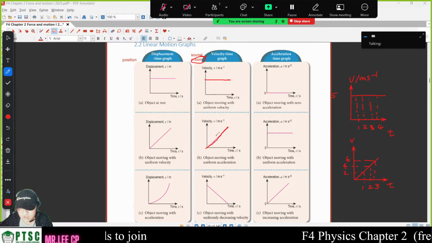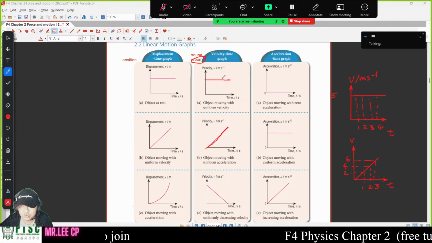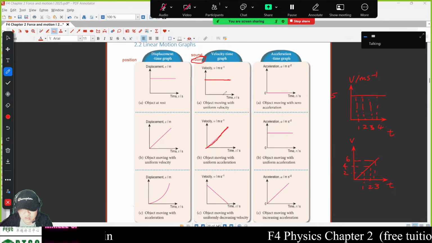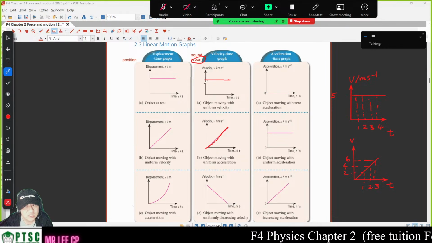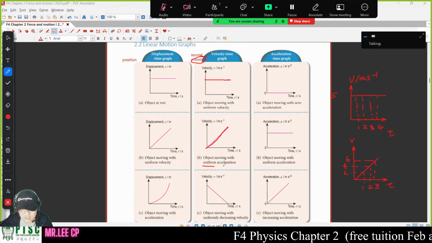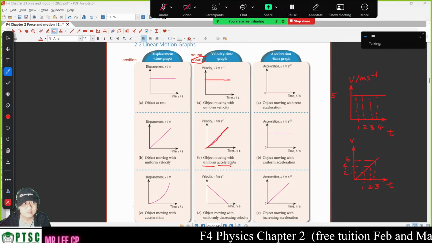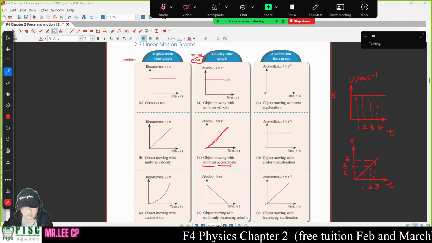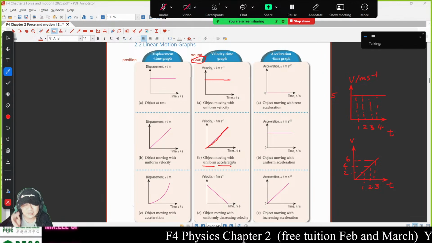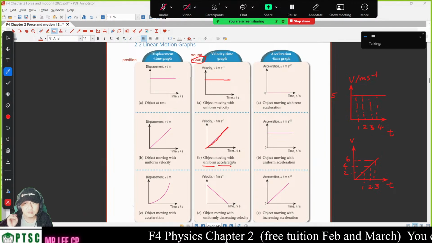So this one is woo, this one is constant velocity. This one is uniform acceleration or constant acceleration. It means the velocity keeps on increasing.